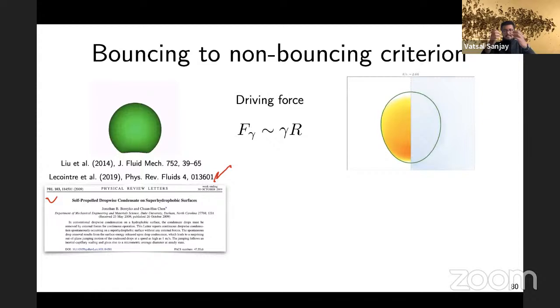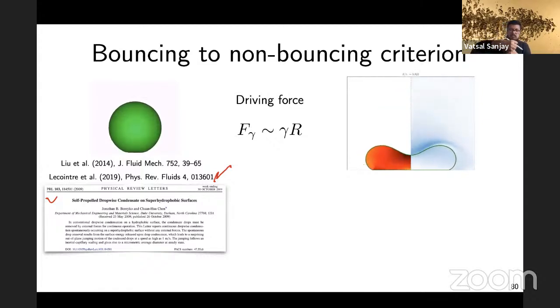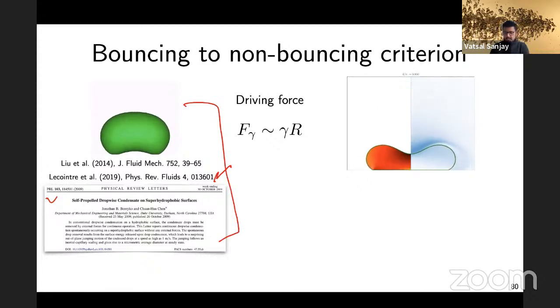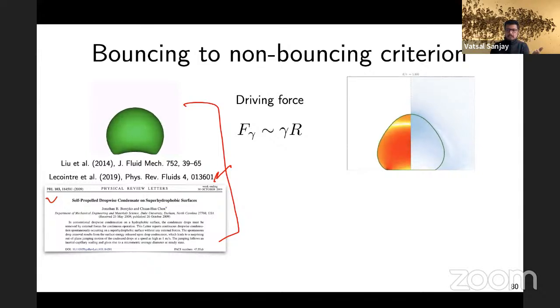Once we have this coalescence and the droplet has excess surface energy, it's going to take off from the surface. And once again, the driving force in this process is capillarity, because of this excess surface energy. And the resisting force is viscosity, which we also see over here in our case.